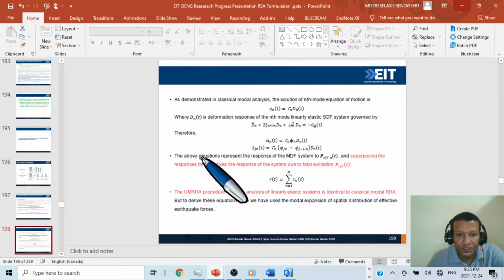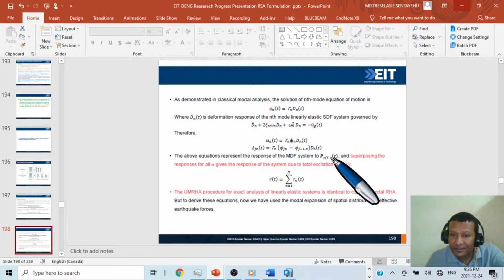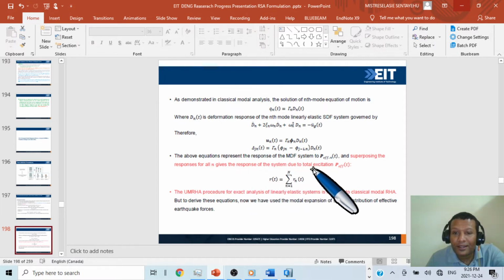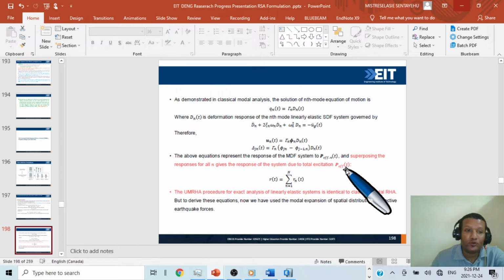The above equation represents the response of the multiple degree of freedom system to P effective for the nth mode only. There is no other addition from other modes, and superposing the response for all n will give the response of the system due to the total excitation P effective total.